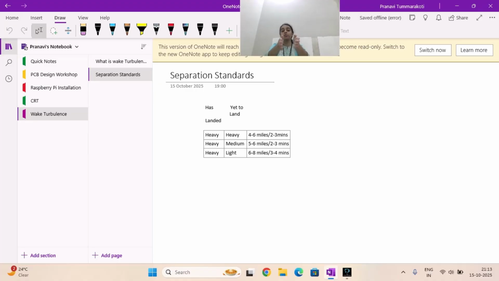If the distance between these two parallel runways is more than 800 meters, then there is absolutely no problem and no need to follow the separation standards here. However, if it is less than 800 meters, that has to be considered as if it is happening on the same runway, and the separation standards have to be given.